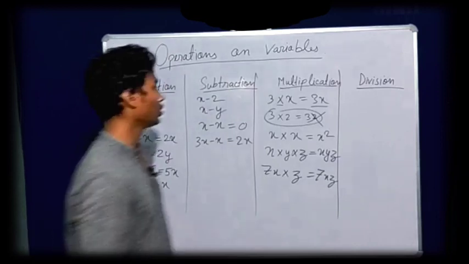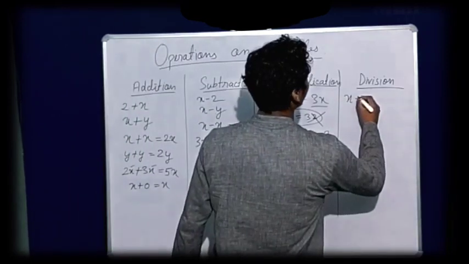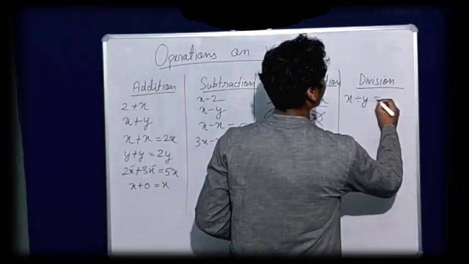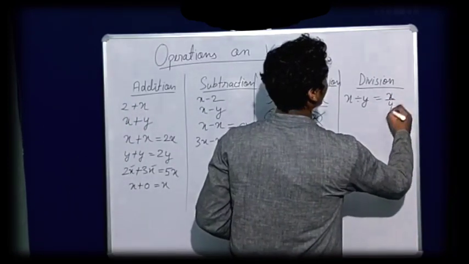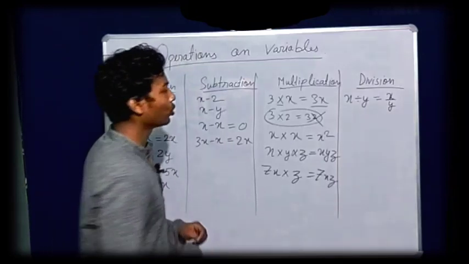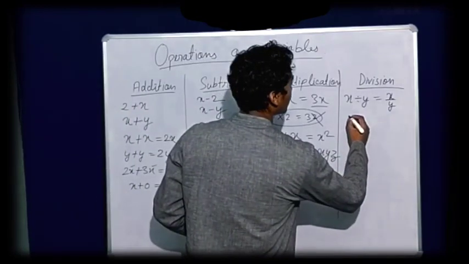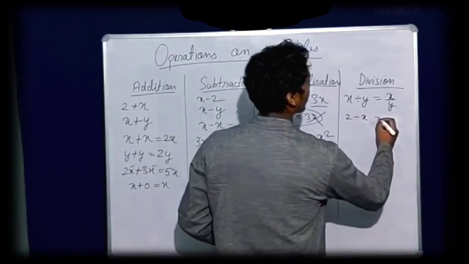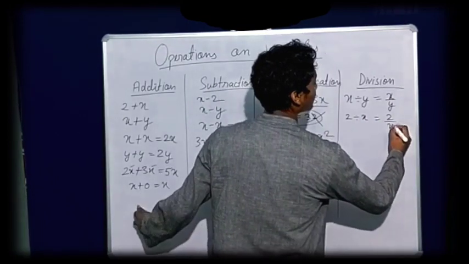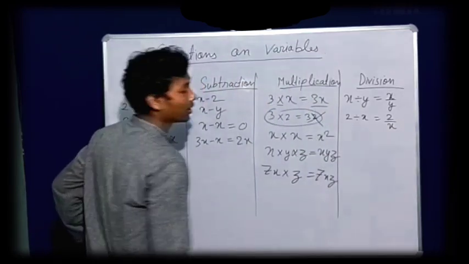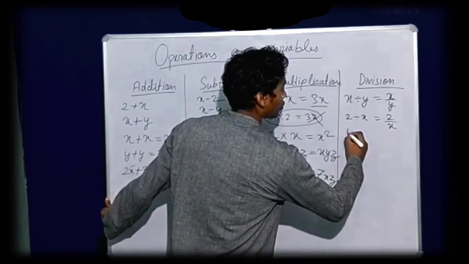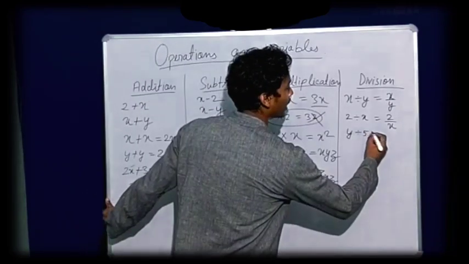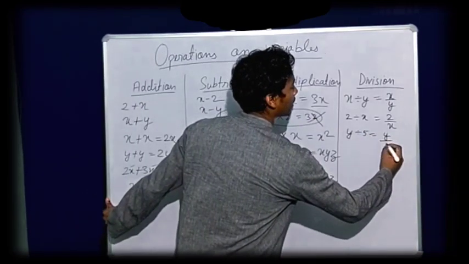In division, x divided by y means we are dividing x by y. So we can write it in fractional form as well, x by y. If there is a constant term being divided by a variable, let's say 2 divided by x, we can write it as 2 by x. If we are dividing y by a constant term, let's say 5, then it will be y by 5.